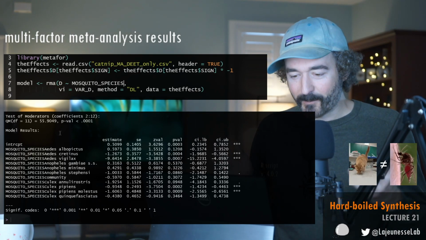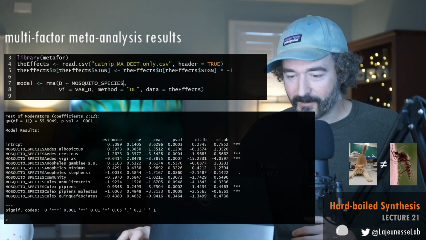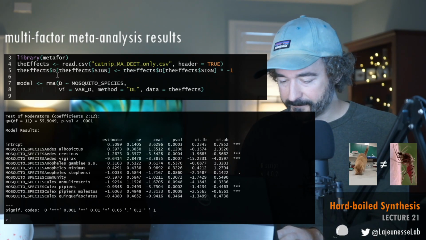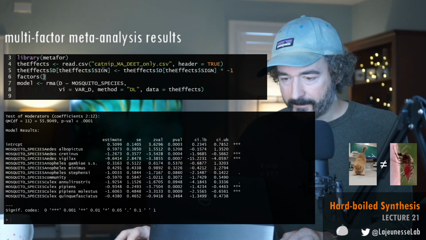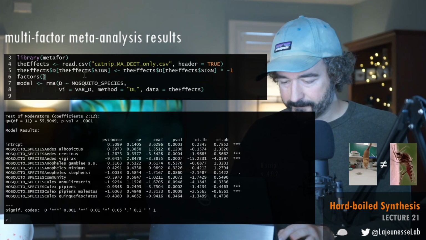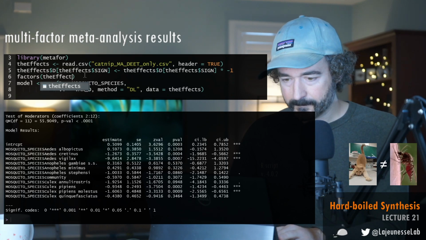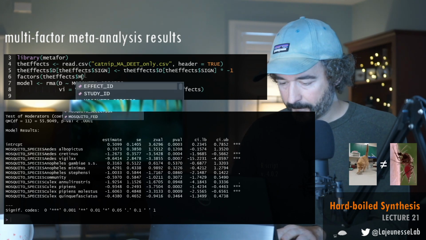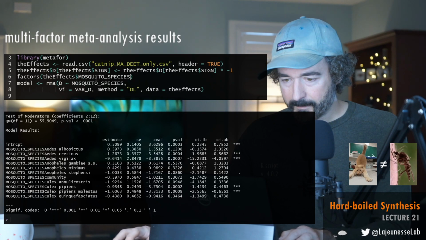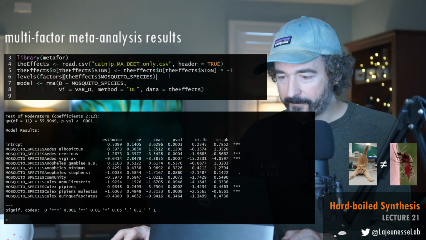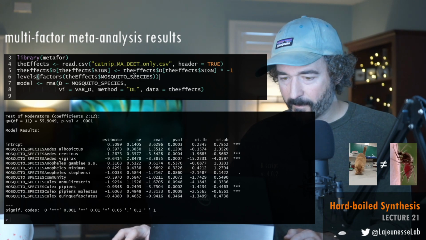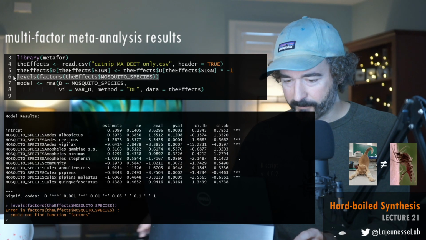And so in this case, I really don't know what species. I guess I could quickly figure it out. Factors, and then I want levels of that. Right now, I'm just trying to figure out what is the order of all these categorical groups.